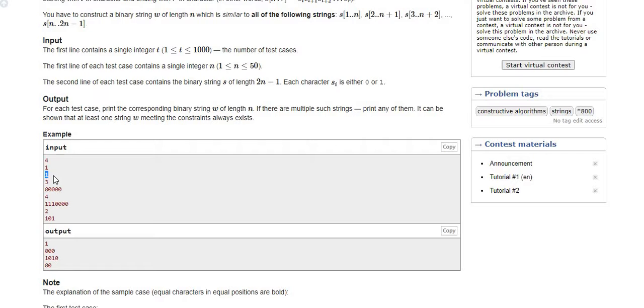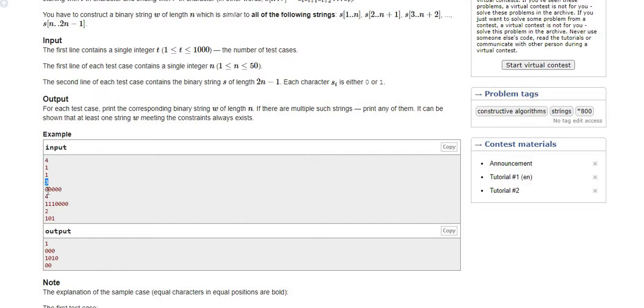The next example is n equal to 3, the length of the binary string is 5, and all the characters of string s are 0. Here we can form the string which contains only zeros.